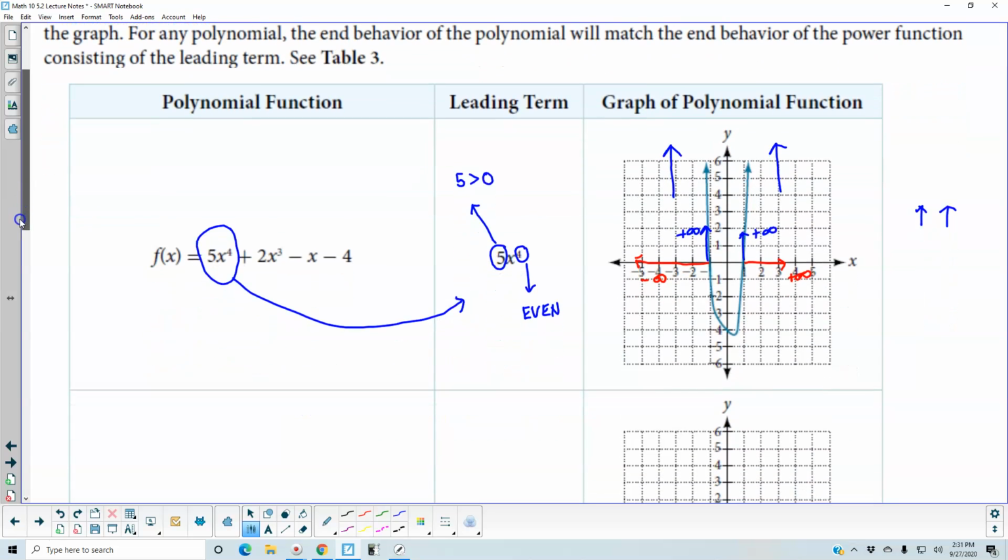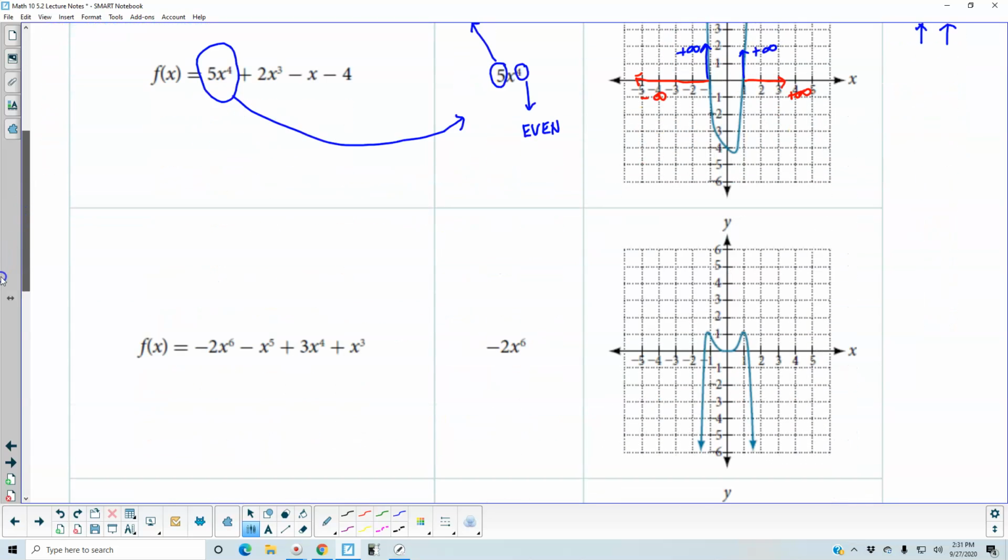Okay, let's take a look at the next function. The next function, we have a leading term of negative 2x to the 6th power. So if we look at the leading coefficient, negative 2, we can see that that number is less than 0. And then we have an even exponent.